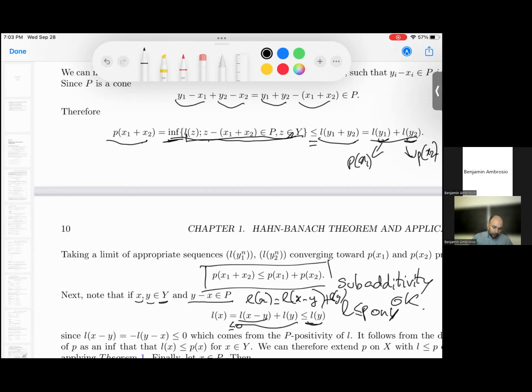Because L of x minus y equals minus L of y minus x, and by definition L is a positive linear function on the intersection of Y and P. So this quantity is positive, but with the minus, it becomes non-positive.